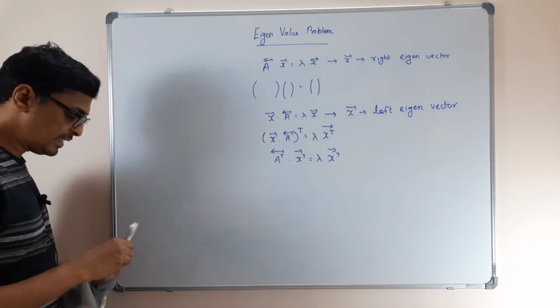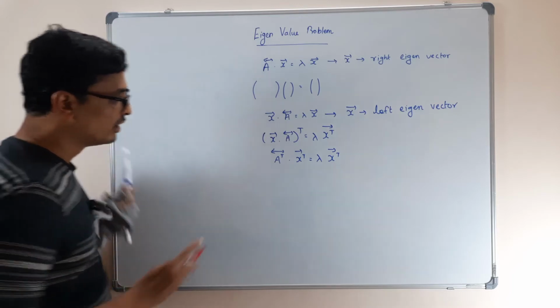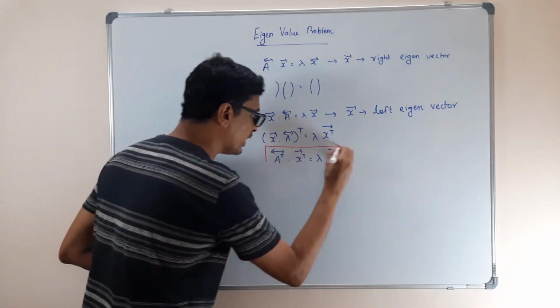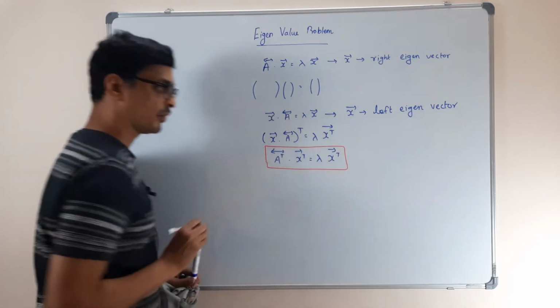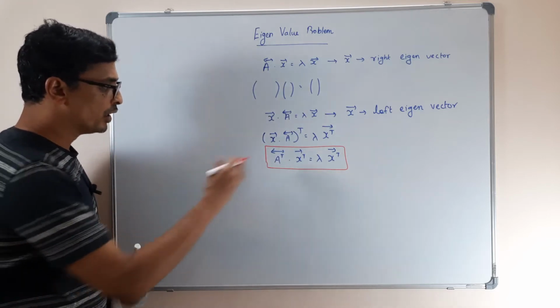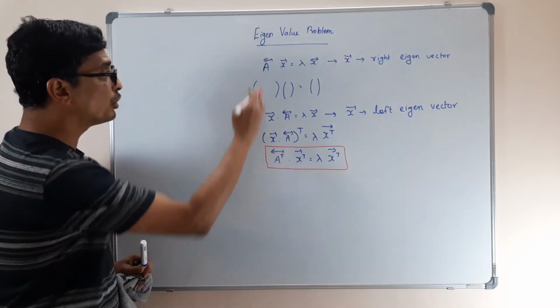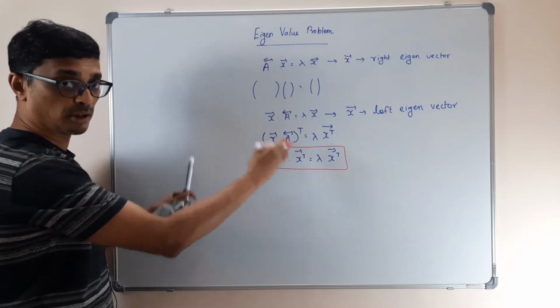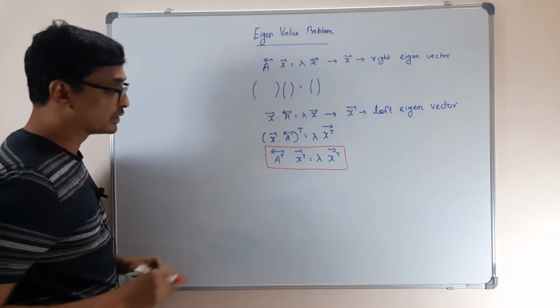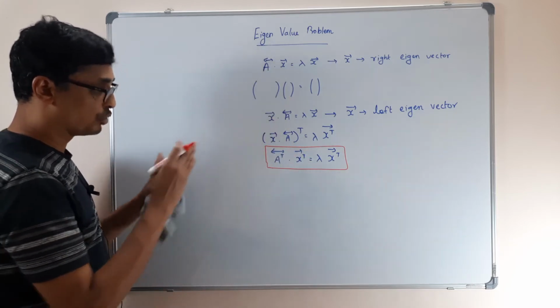Now this is nothing but a right eigenvector problem, correct? This is similar to the right eigenvector problem which we have been solving all along using the power method and the QR method.